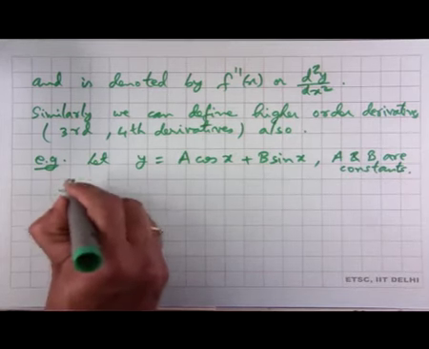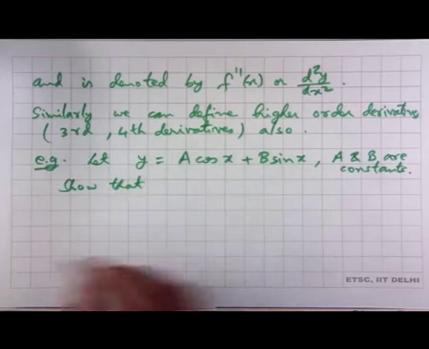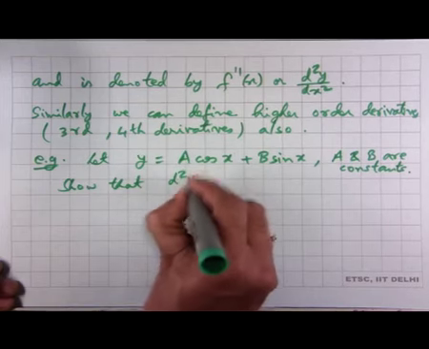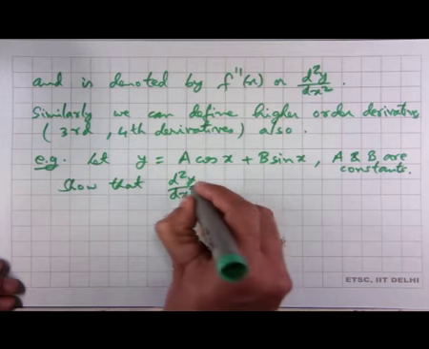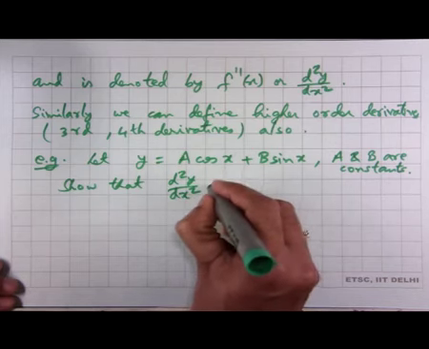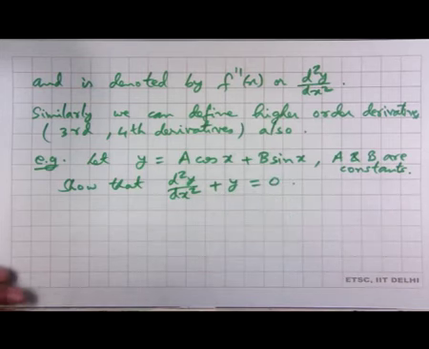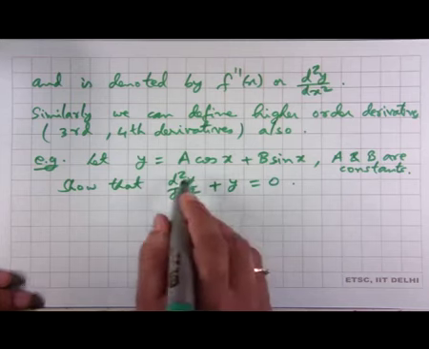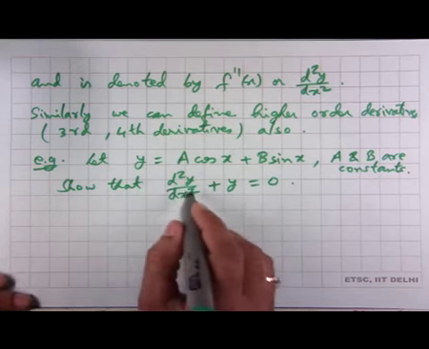And so that if I take the second derivative of y with respect to x, this plus y gives 0. So, we need to find first the first derivative and then differentiate it again to get the second derivative.